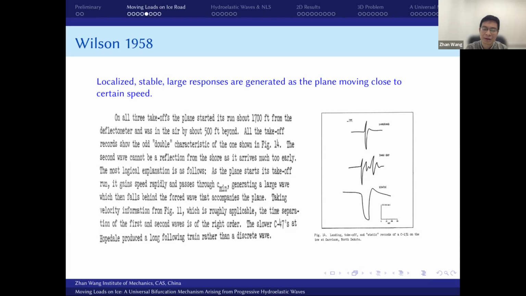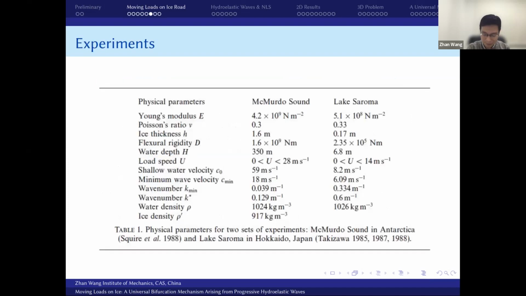That's because there's a magic speed, which is called C min. When the aircraft moving speed passes through C min, then the energy is enough to generate a large response. So that's the explanation.